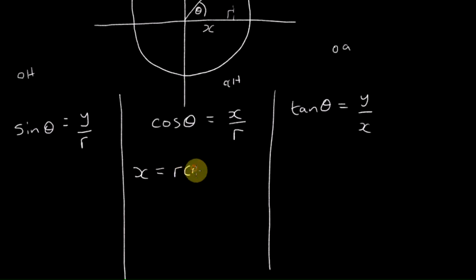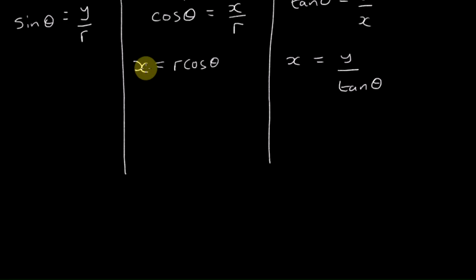Okay, r cos theta. And let's work with the tan, and let's make x the subject of the equation, just in case of cross multiplying the two. Right, so in which case we can now say that r cos theta equals x, and y over tan theta equals x, so we can put r cos theta equals y over tan theta.